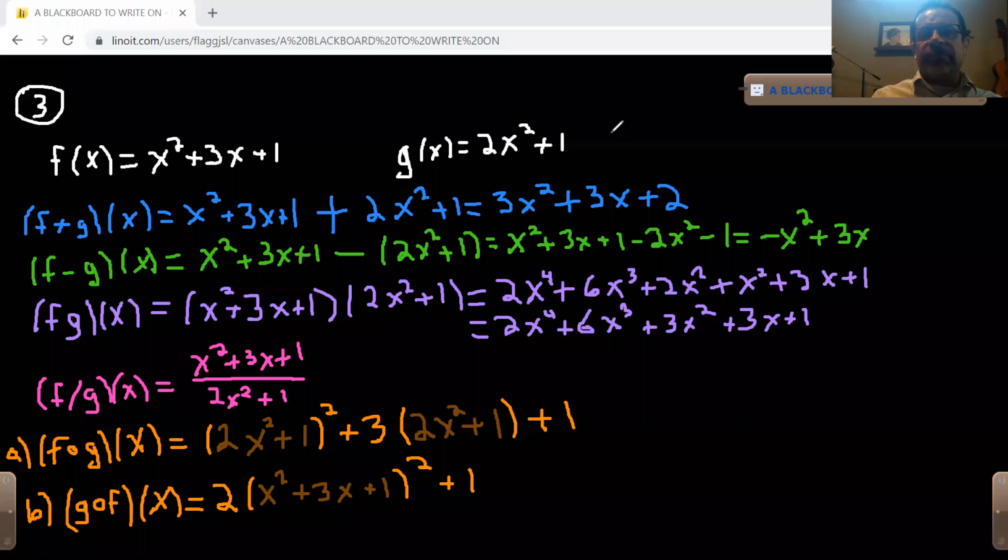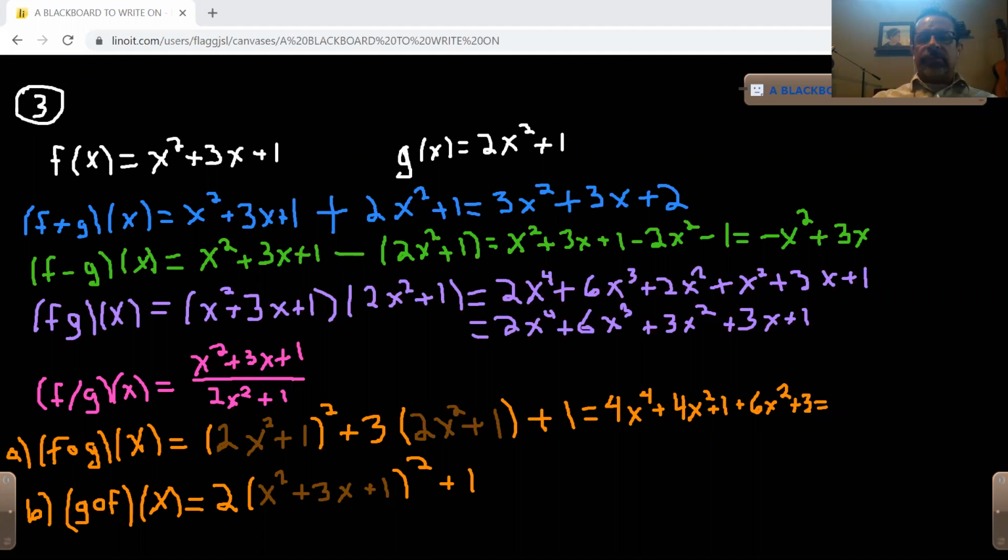And now we can simplify this a bit. We can do a simplification here. And so this is going to be 4x to the 4 plus 4x squared plus 1 plus 3 times 2 is 6x squared plus 3.